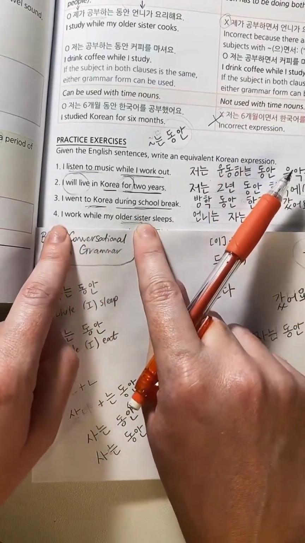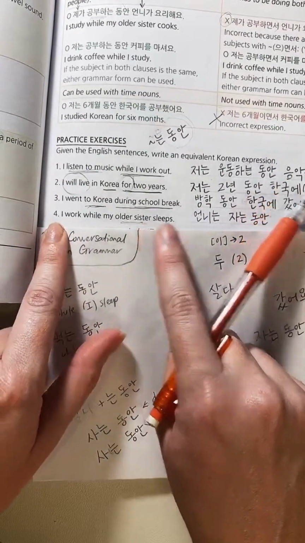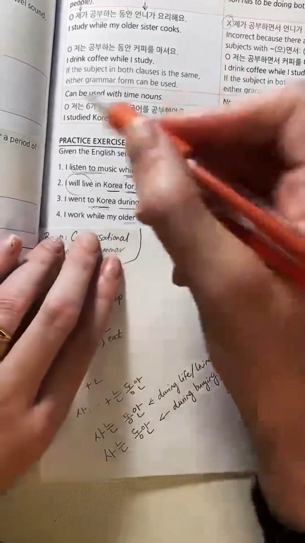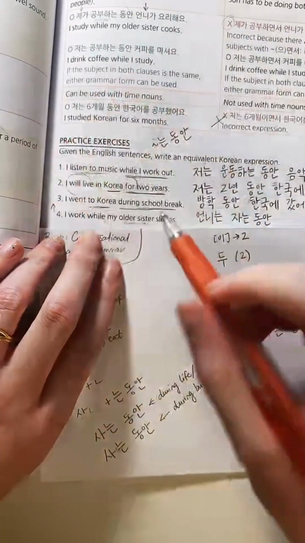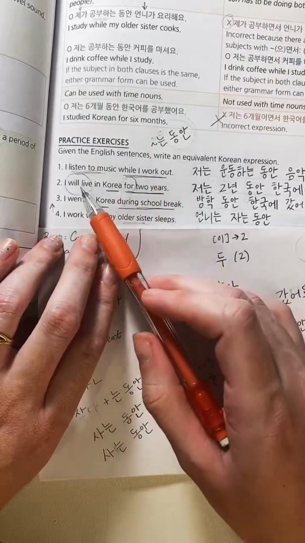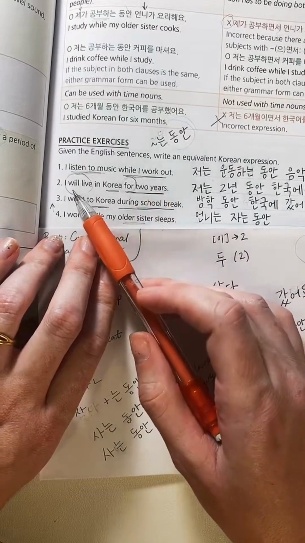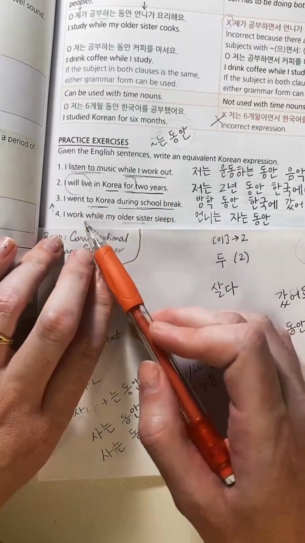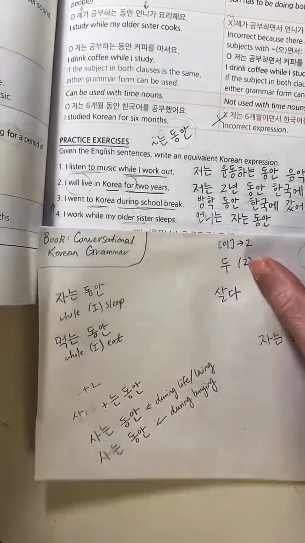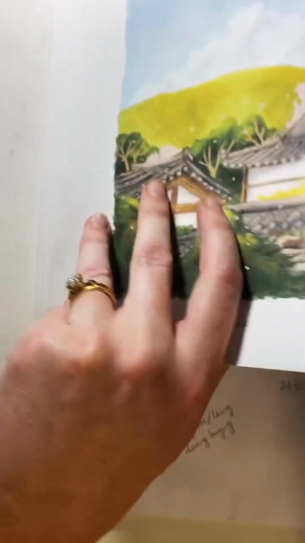If you have two different subjects, I work while my sister does something else, you should use 동안. All of these sentences above could use either because the subjects are the same in each of the clauses. I do this and I do that. But this one should use 동안 because we have different subjects.